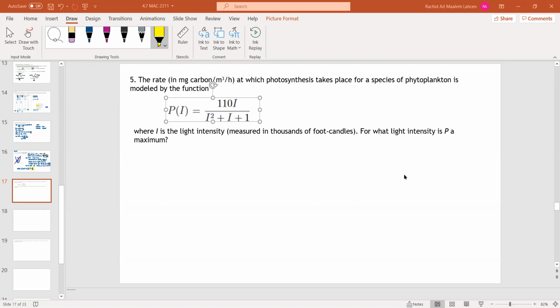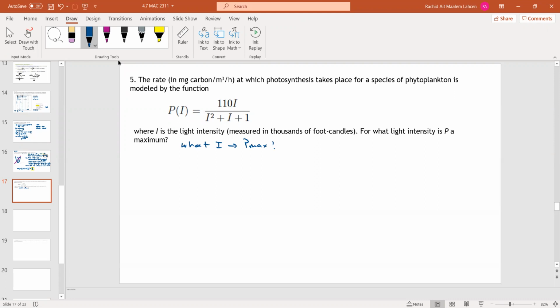For what light intensity is P a max? There is a maximum there. And this question, so for what I is there the max, right?